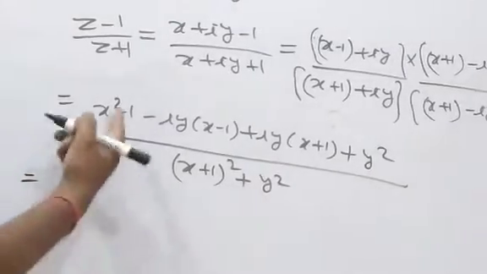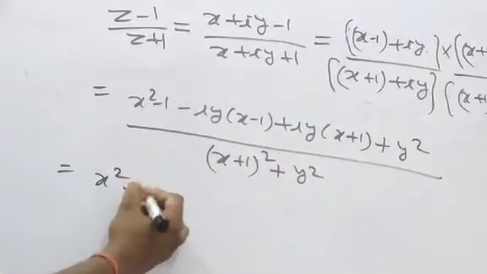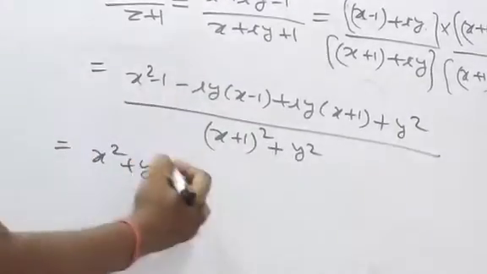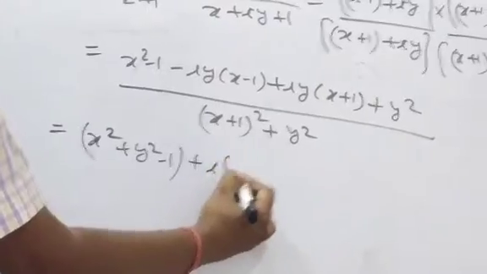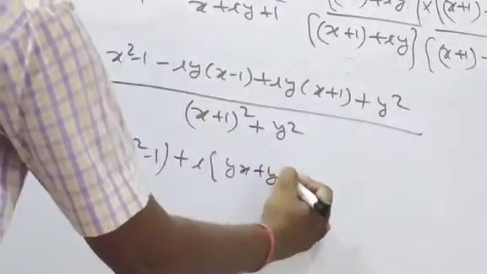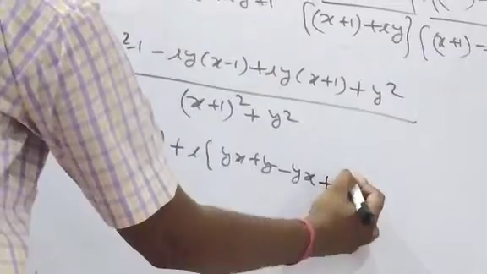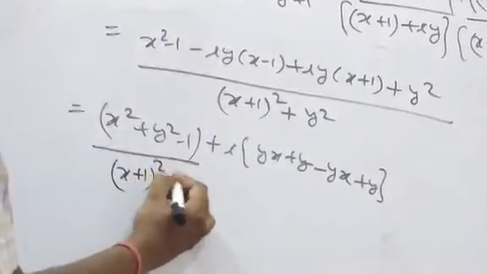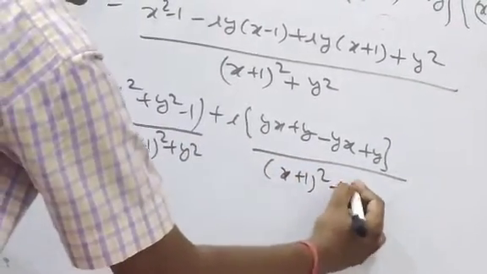Now x square plus y square, very simple. Here minus 1 plus here i in bracket yx plus y minus yx, minus into minus plus means y. Understood? And whole upon x plus 1 whole square plus y square.